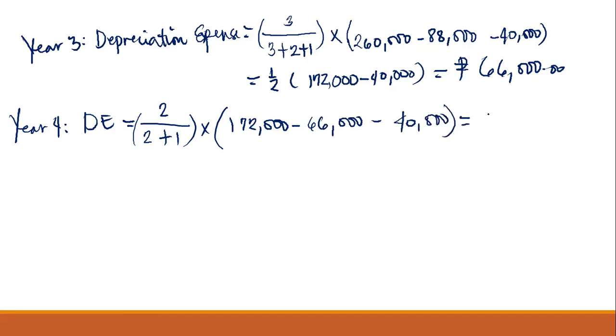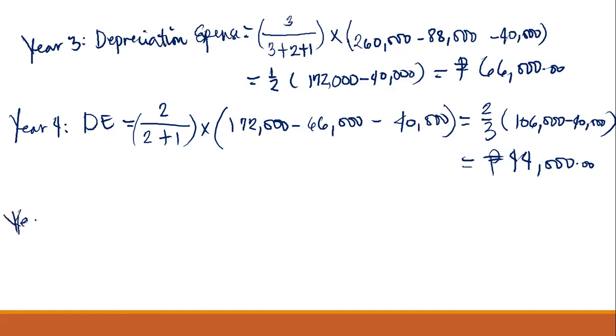So this is equal to 2/3 times 106,000 minus the scrap value. This is now equal to 44,000 pesos. And we reach the final year, year 5.